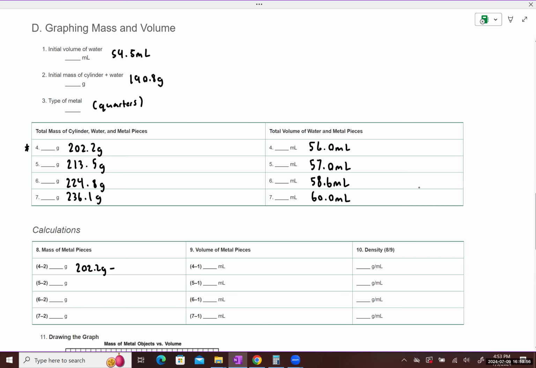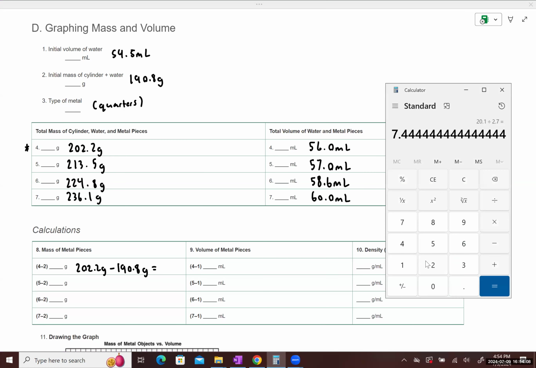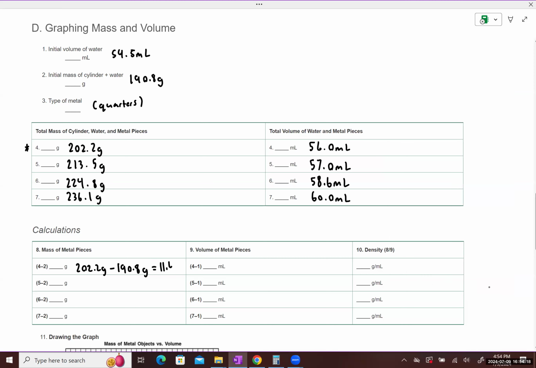And then we're going to subtract out the mass of the graduated cylinder and water, which is 190.8 grams. Again, via subtraction, we retain one decimal place in this case. So we have 202.2 minus 190.8, and that in turn gives us 11.4 grams.